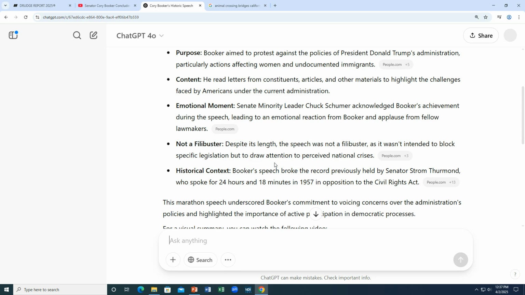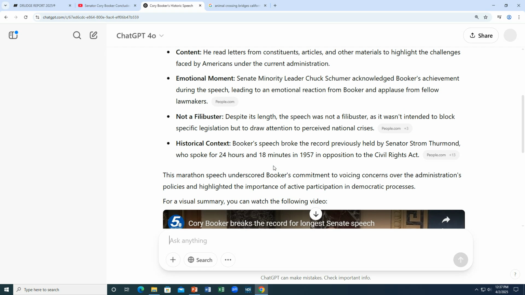Despite its length, the speech was not a filibuster, as it wasn't intended to block legislation, but to draw attention to perceived national crises. Booker's speech broke the record previously held by Senator Strom Thurmond, who spoke for 24 hours and 18 minutes in 1957 in opposition to the Civil Rights Act, because he was a segregationist Southerner. So that was the last long talk.